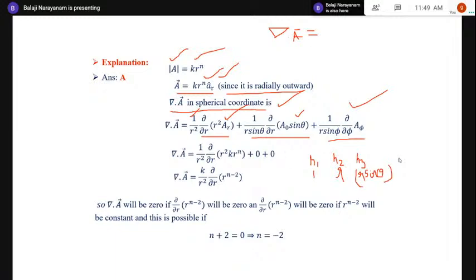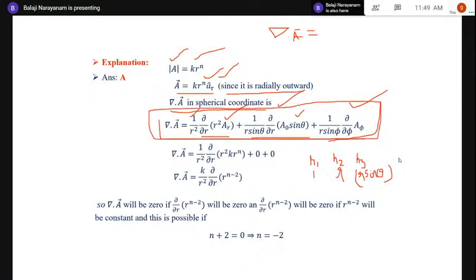And del dot A, how do we get it? We use 1 by h1 h2 h3, and then del dot A is the dot product with this one. So you are aware of this.